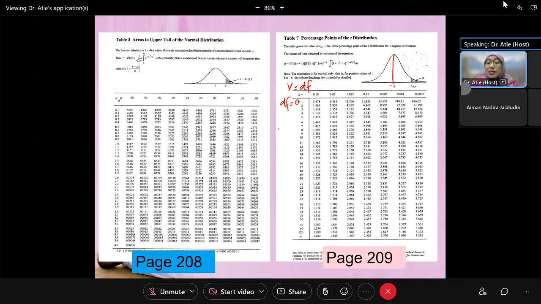All these are the alpha, or the error, or the rejection region. So that's what we call alpha. That's the main difference in terms of the table that we are going to use for these two distributions.